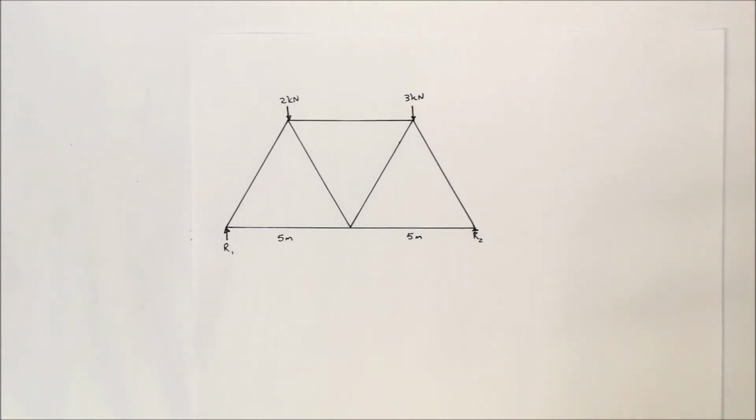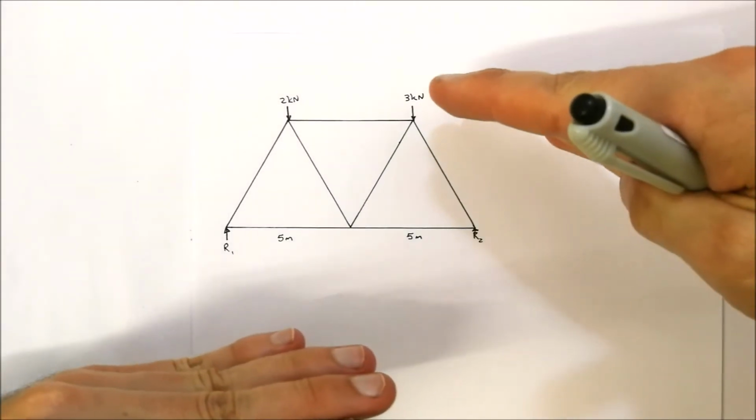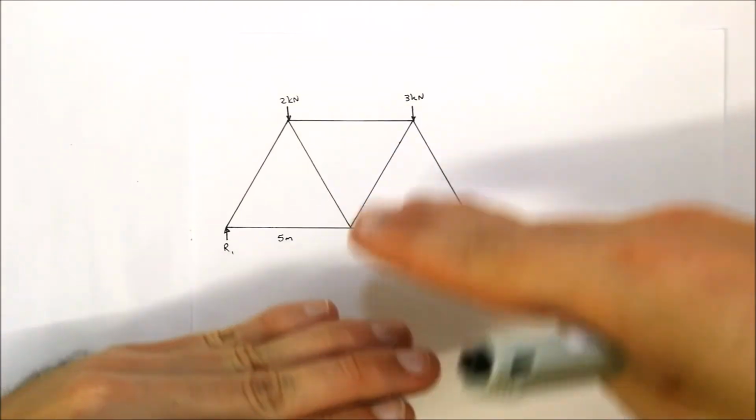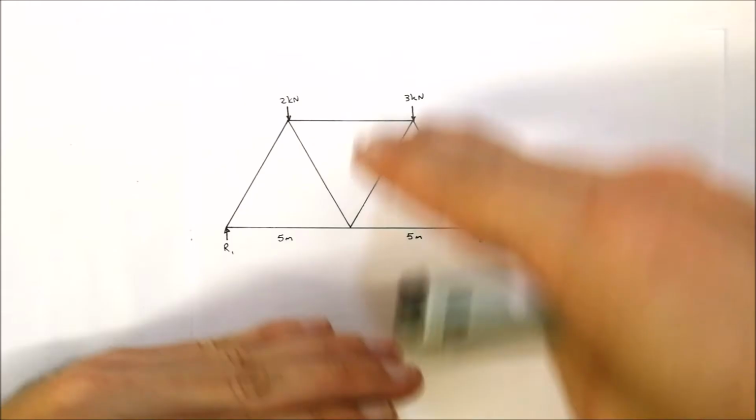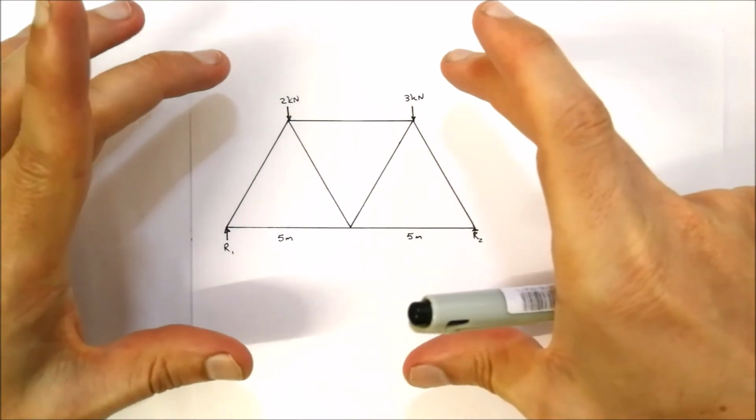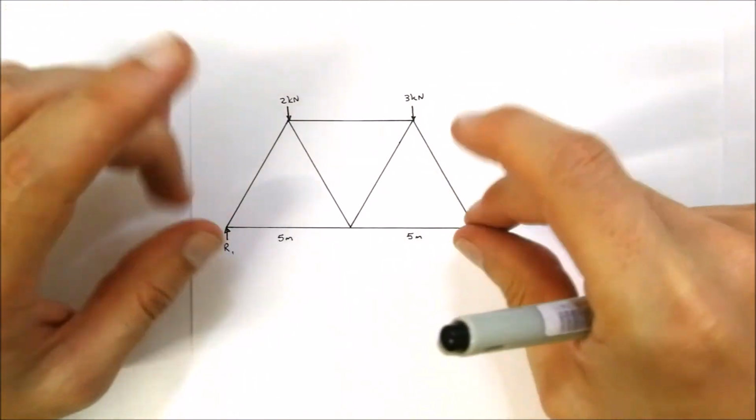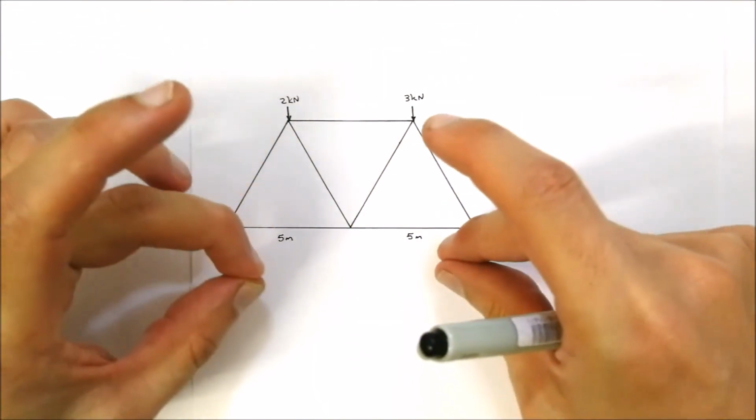To calculate R1 and R2, we're going to take this structure and squash it together into almost a single beam. We're going to consider this as a single beam, and have this height aspect just squashed together.